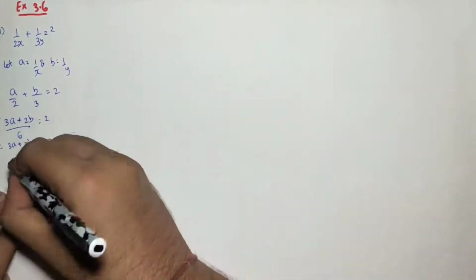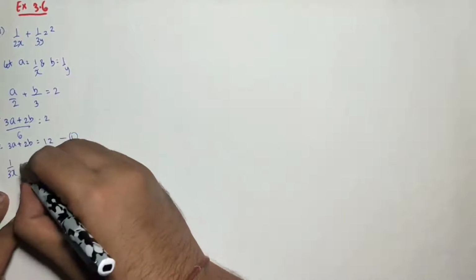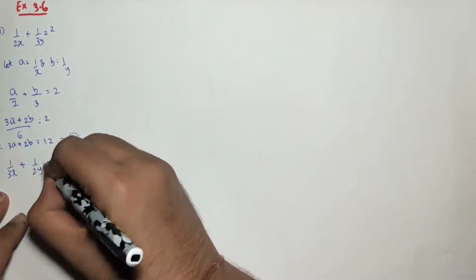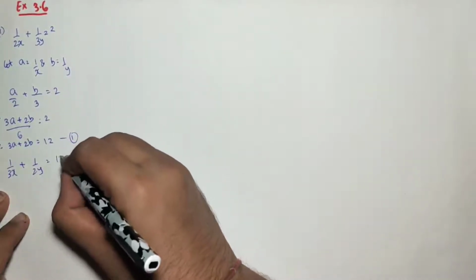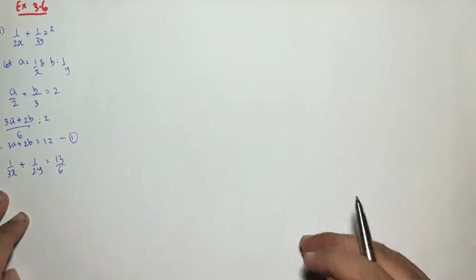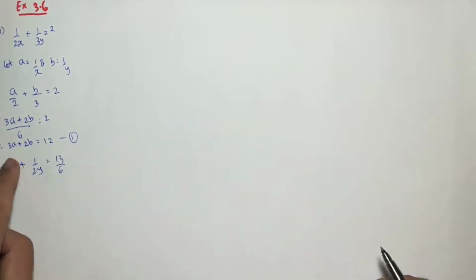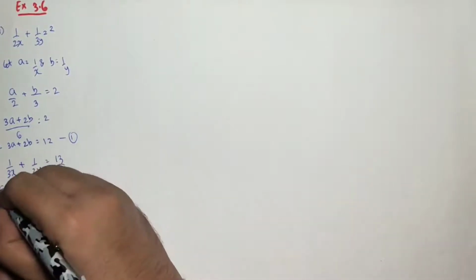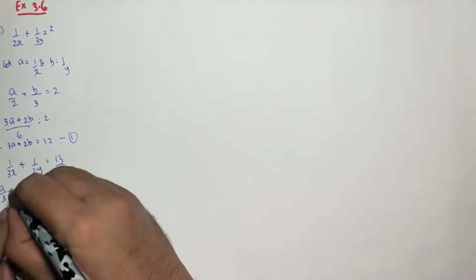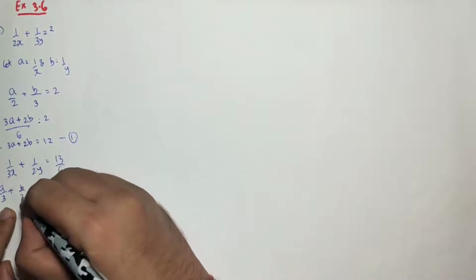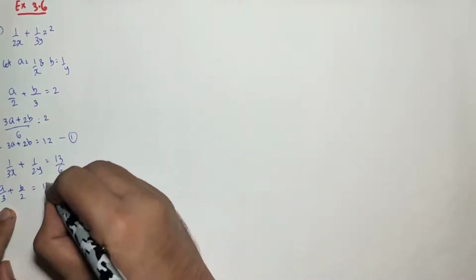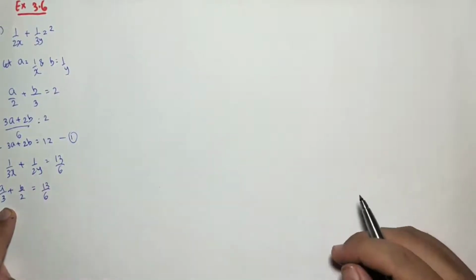The second was 1 by 3x plus 1 by 2y is equal to 13 by 6. As we have already said that 1 by x is a, I will rewrite this equation as a by 3 plus b by 2 equals to 13 by 6.